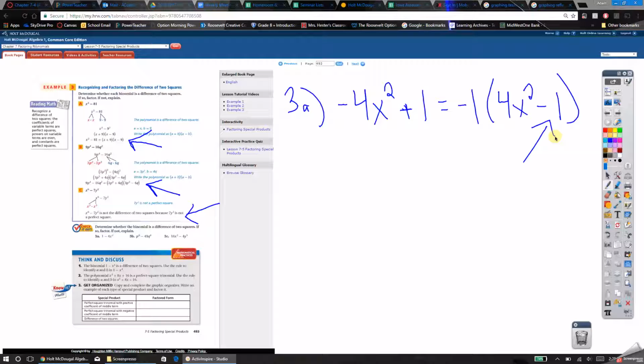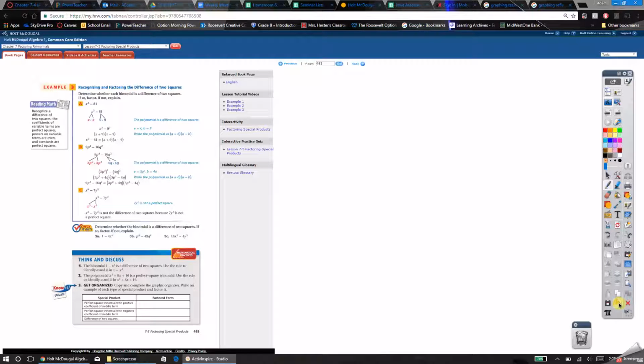Giving you a second for that to sink in. 3b, I think that's a p to the 8th. I'm not honestly sure. We've got p to the 8th minus 49q to the 6th. So I'm thinking the square root of p to the 8th is p to the 4th. It's a plus and a minus.